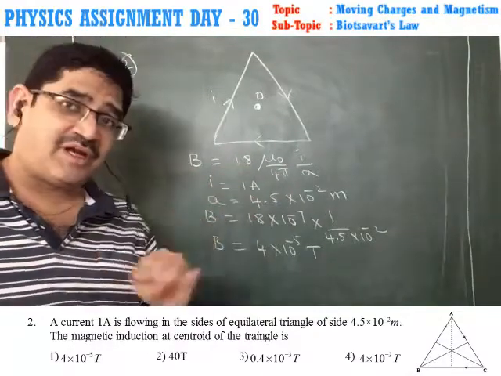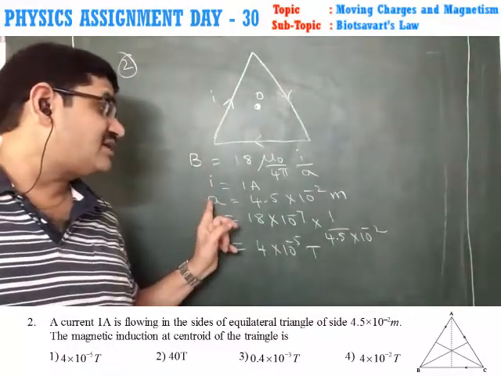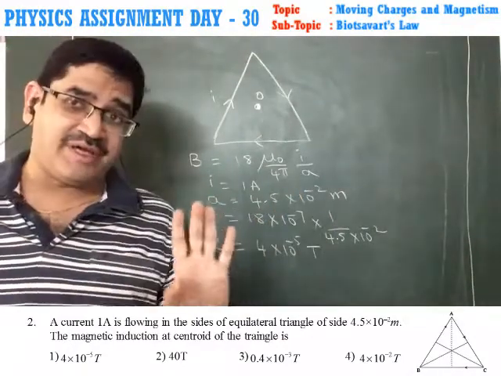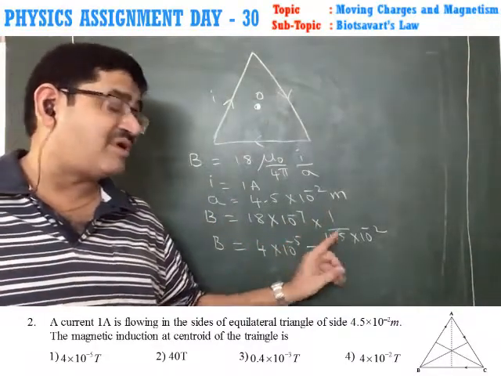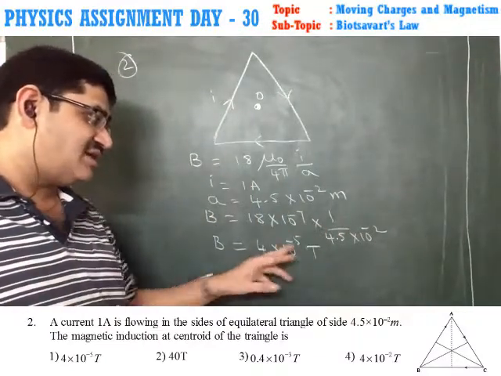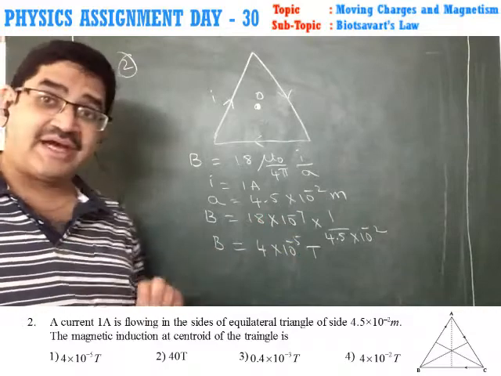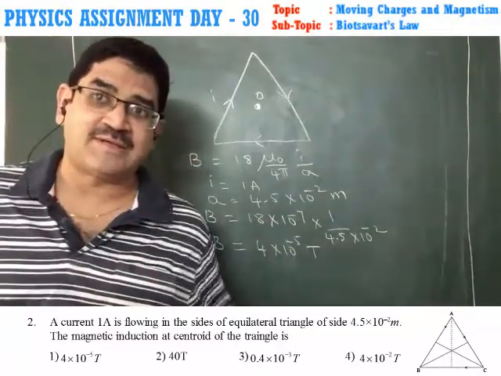Based on this formula, I = 1 ampere and the side is 4.5 × 10^-2. Substituting, B = 18 × 10^-7 × 1/(4.5 × 10^-2). The 10^-2 gets cancelled, and 18 divided by 4.5 is 4. So the magnetic field will be 4 × 10^-5 Tesla.